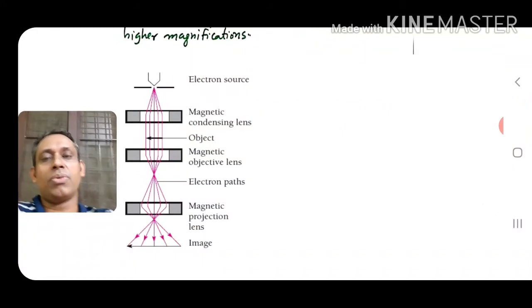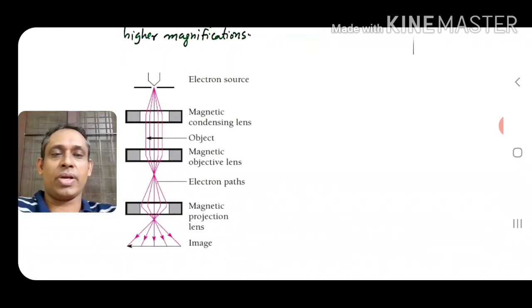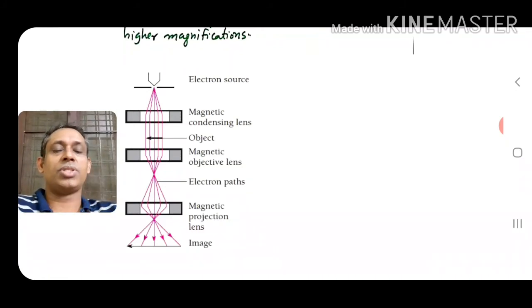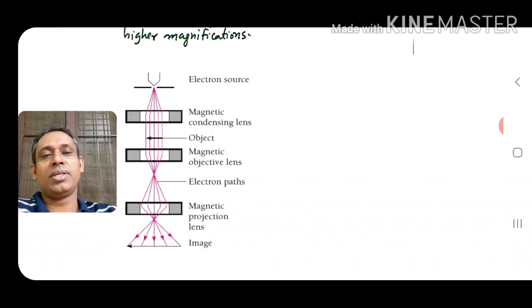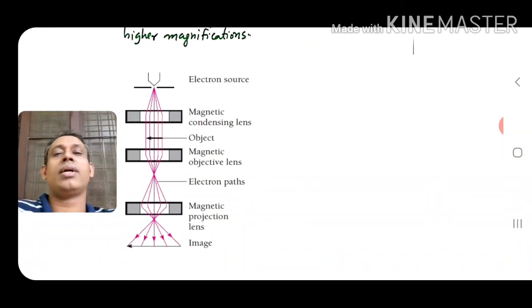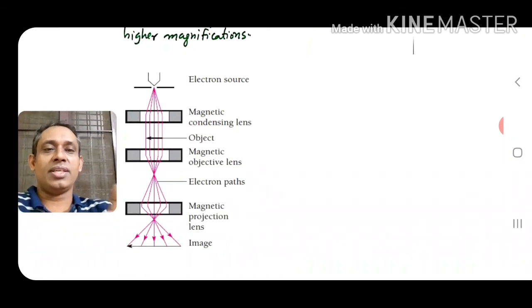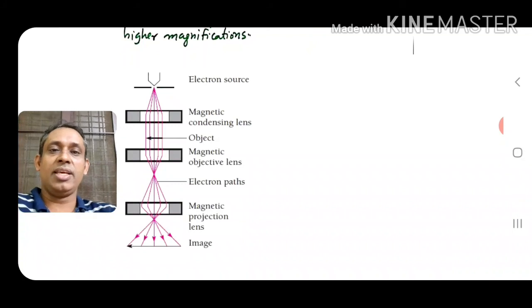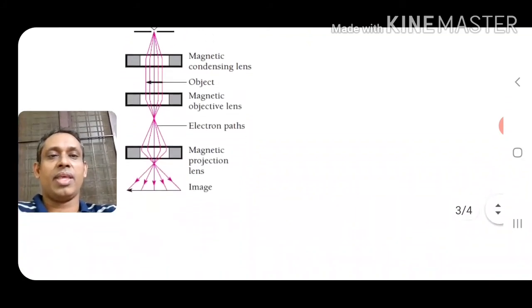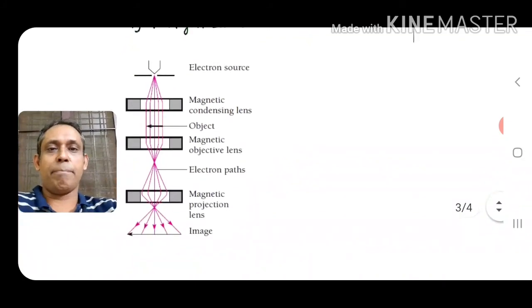This is called a transmission electron microscope, because the electron is actually passing through the object. For electrons to pass through, the object has to be sufficiently thin. So this is TEM, transmission electron microscope.